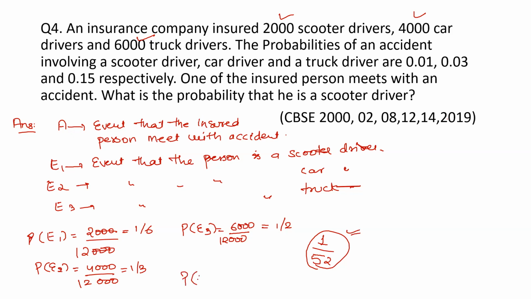So P(A by E1): the person met with an accident and he is a scooter driver, the probability of an accident involving a scooter driver. One of the insured persons met with an accident. So A by E2 is equal to 0.03, and A by E3 is equal to 0.15.